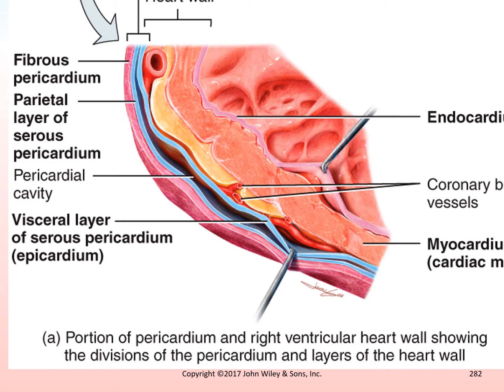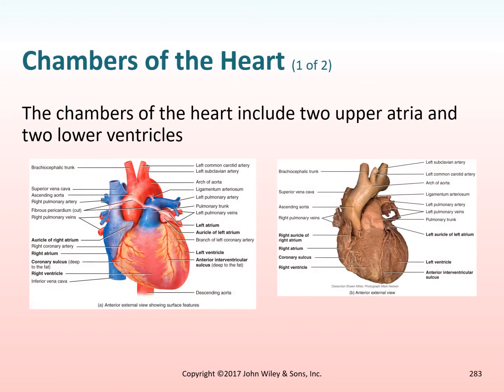And then the rest of it going inwards is myocardium, and all the way on the inside touching the blood passing through, the endocardium. Here you could see evidence of the fibrous pericardium up there, and there's also a fibrous pericardium down here, holding the heart down to the diaphragm, locking it down. That would be called the fibrous pericardium.